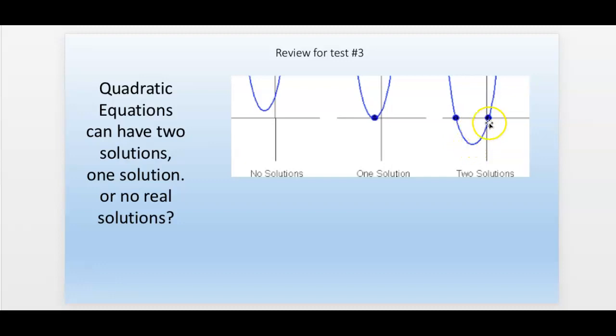Everything else is above right here. So it has two solutions. If it was upside down and the maximum was above the x-axis, it would still swoop down and touch the x-axis in two places and have two solutions. Okay, keep that in mind.